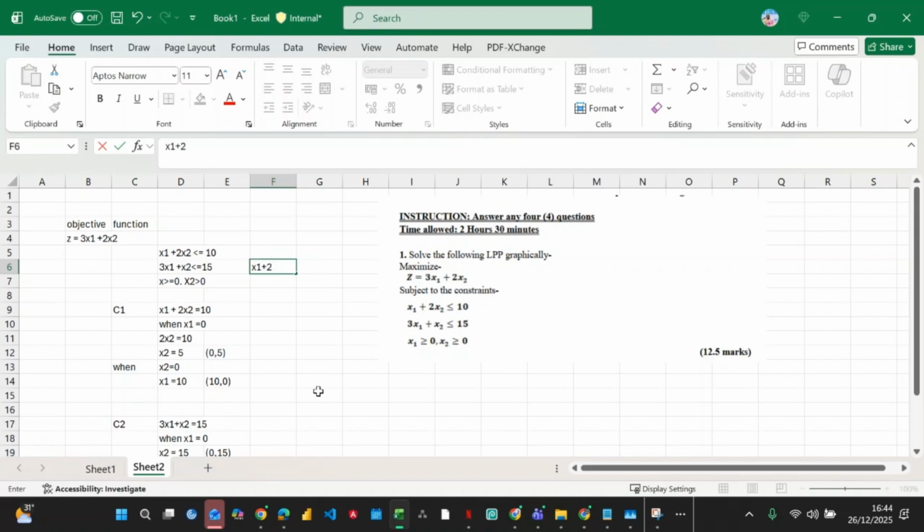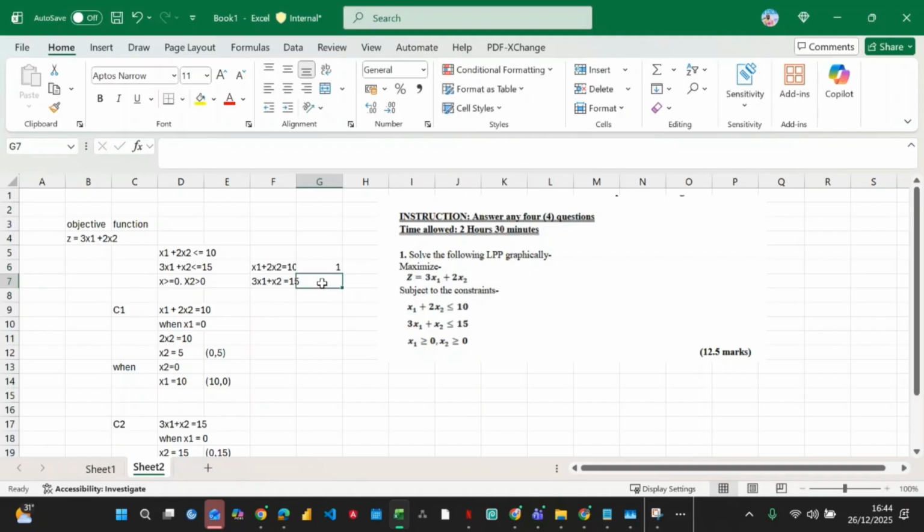Simultaneous equation now. We have x1 plus 2x2 equals to what, 10, right? And then we have 3x1 plus x2 equals to what, 15.